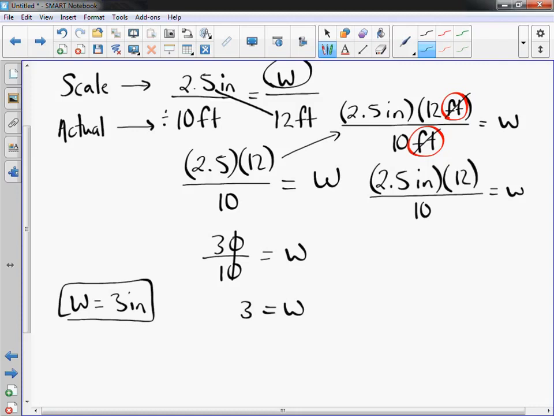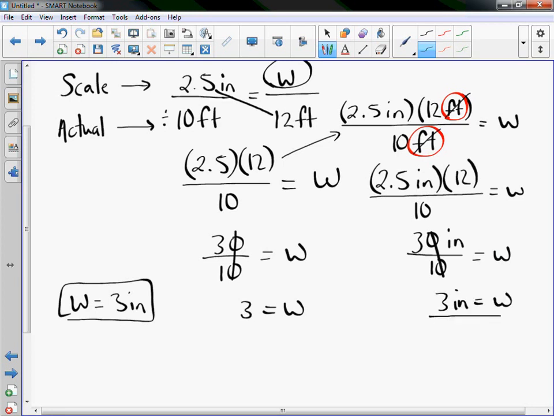Okay, that's called dimensional analysis. You basically treat your labels as if they were variables. You treat them like they're part of the number. Okay, and now we know how this problem finishes because 2.5 times 12 is 30, and it has the label of inches on it, over 10 equals W. So we have 3 inches.